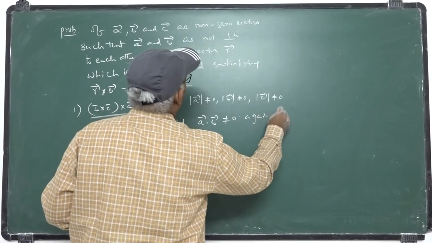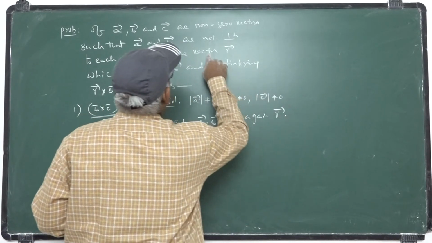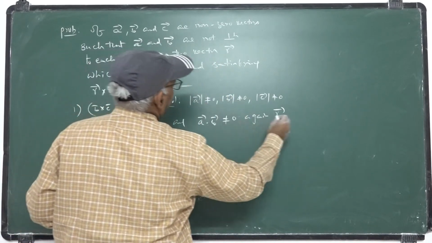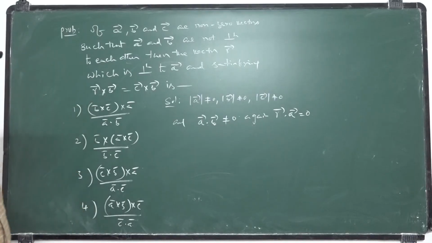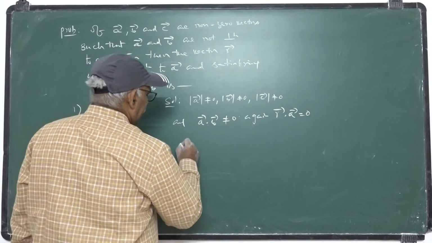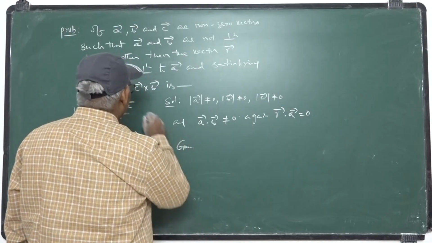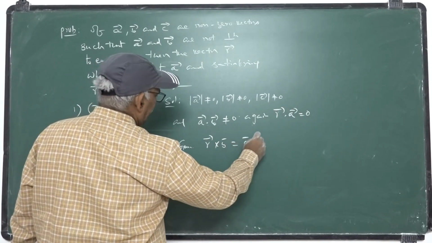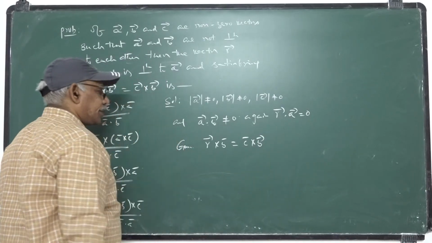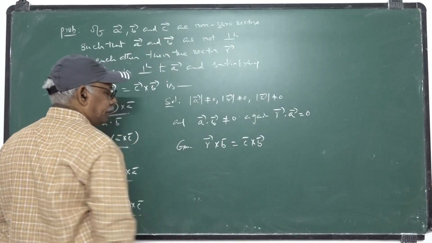Again, R bar is perpendicular to A bar, so R dot A is 0. These are the given particulars related to R bar, A bar, B bar, C bar. Besides this, given is the relation R bar cross B bar equal to C bar cross B bar.